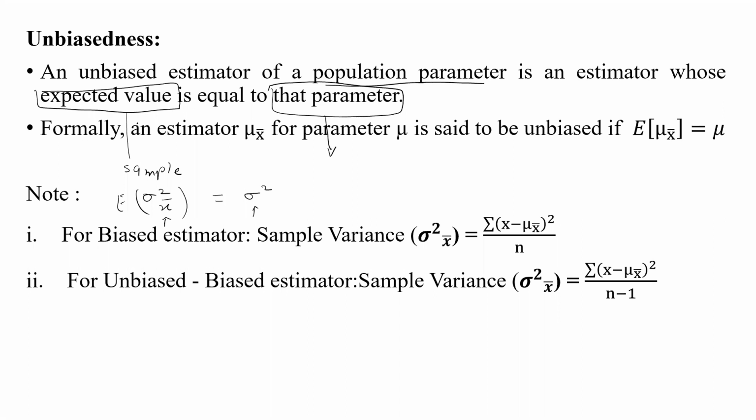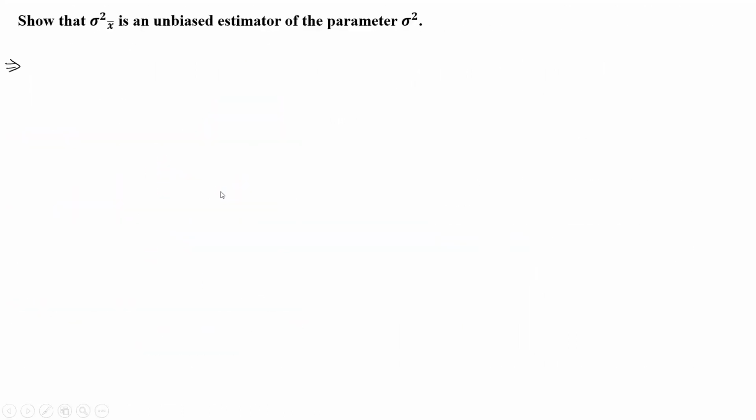So I have to prove that the expectation of sigma square x bar, the variance of the sample, should be equal to sigma square.